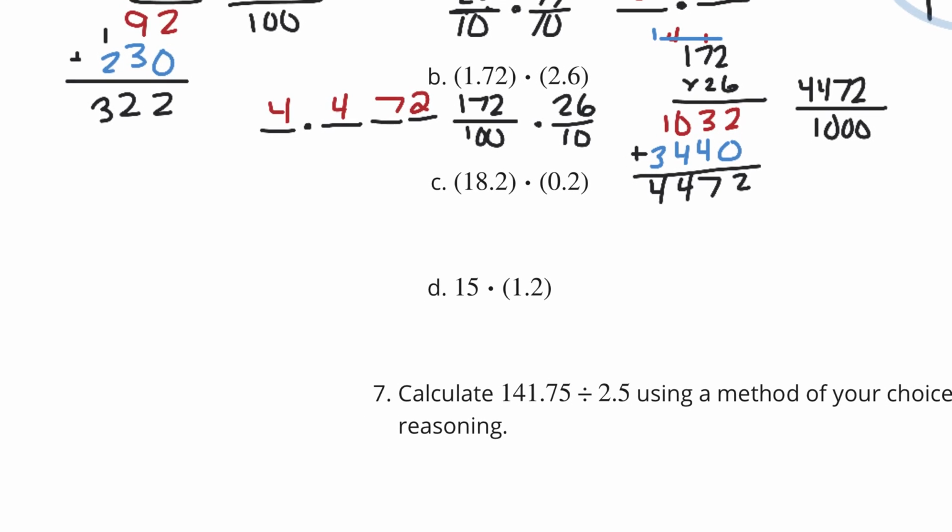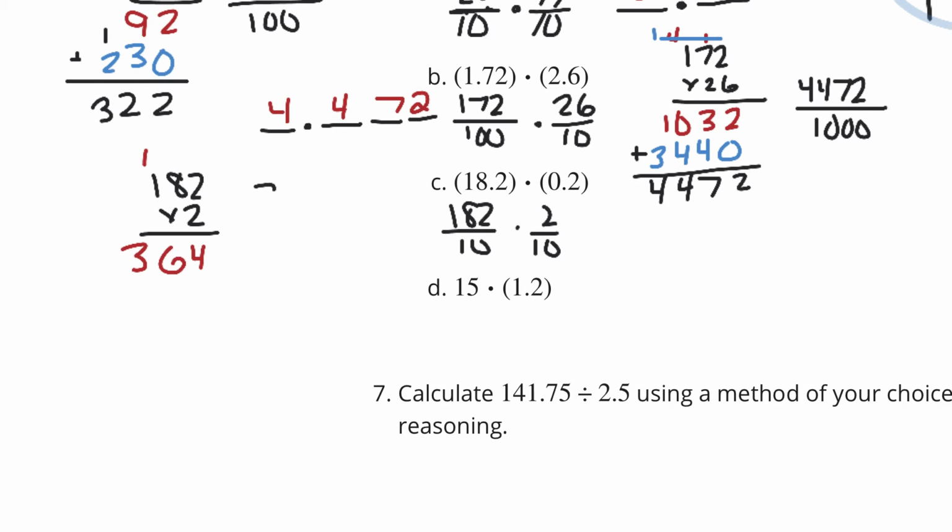As we continue on now, we essentially have 182 tenths here times 2 tenths. And so, if we take 182 and multiply it by 2, 2 times 2 is 4, 2 times 8 is 16, 2 times 1 is 2 plus the 1 is 3. 10 times 10 is 100, so I have 364 hundredths.